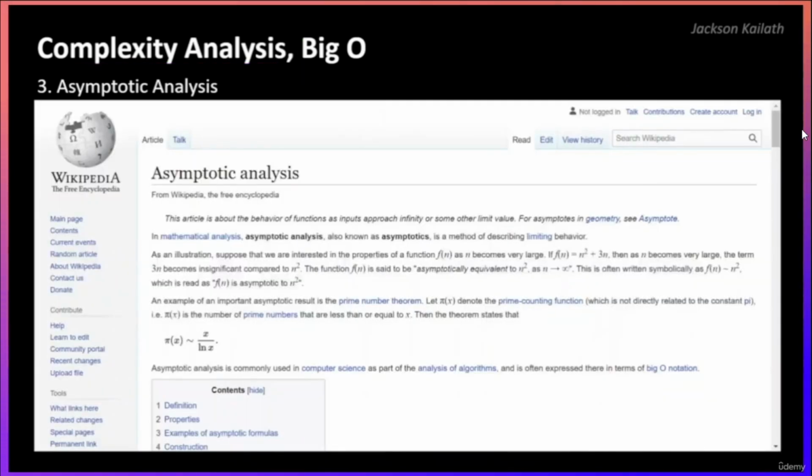Now let's take a look at what Wikipedia says about asymptotic analysis. Over here it says we are interested in the properties of a function f of n as n becomes very large. That's the case over here, right? We want to see if the algorithm scales efficiently. Now it says if f of n is equal to n square plus 3n, as n becomes very large, the term 3n becomes insignificant compared to n square.